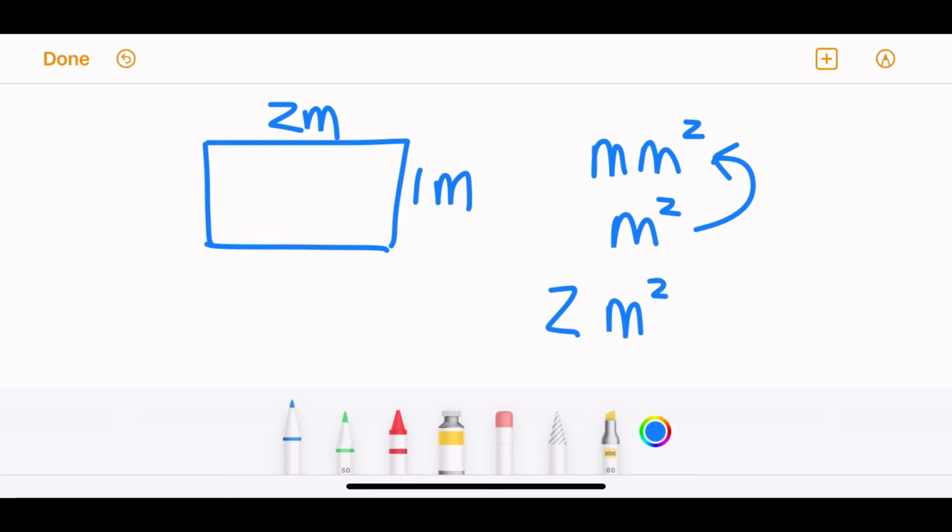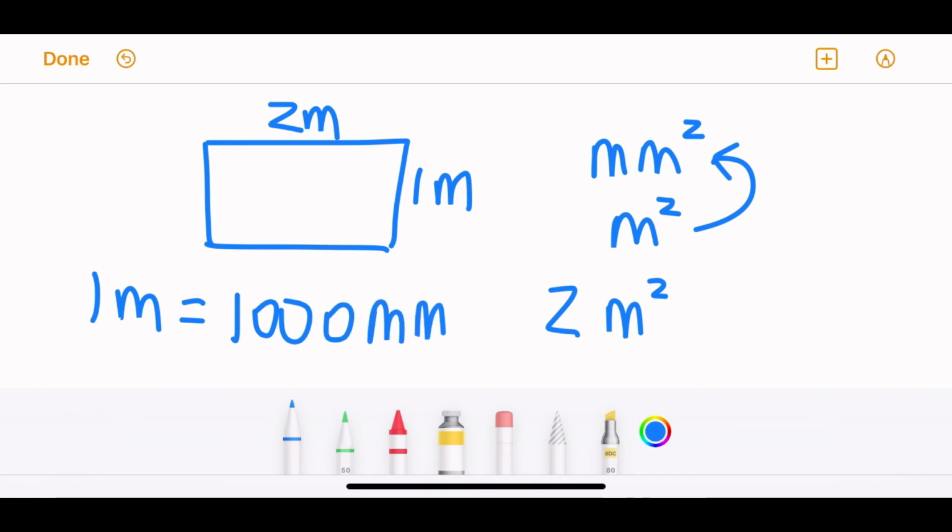I want to find the relationship between meters and millimeters. So let's first find the relationship between units of length. So 1 meter equals how many millimeters? Well, 1 meter equals 100 centimeters, and 1 centimeter equals 10 millimeters, so I'm going to add another 0. If we were to convert the length, we would multiply by 1000 and repeat that process twice.